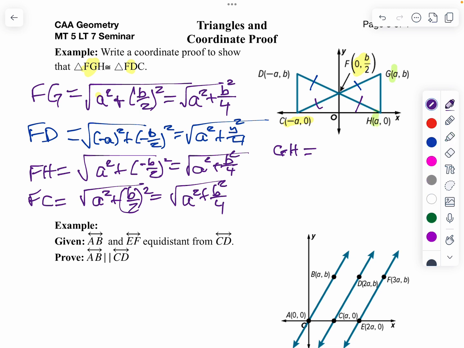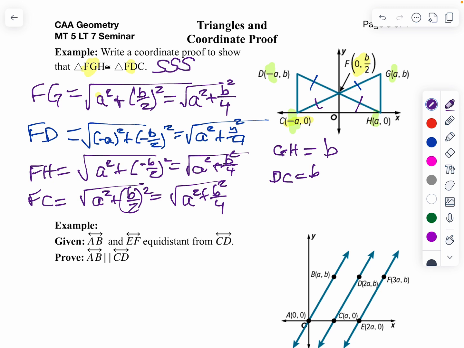That distance is B. And then what happens when I do DC? That distance is B, because, once again, my x-coordinates are the same. So I can say these two triangles are congruent by side, side, side.